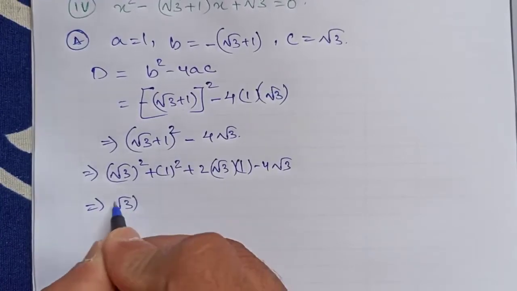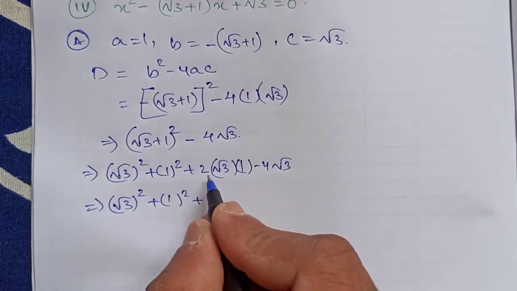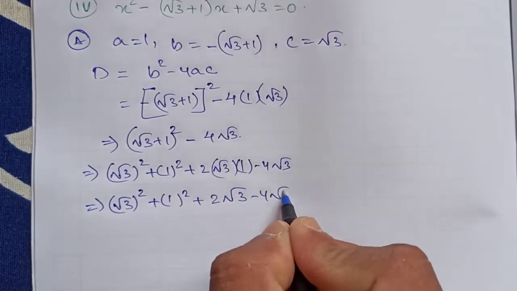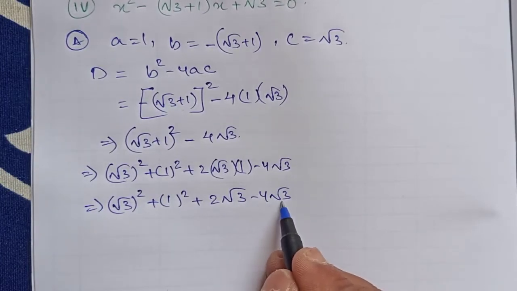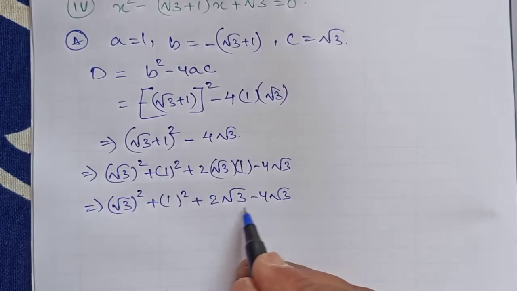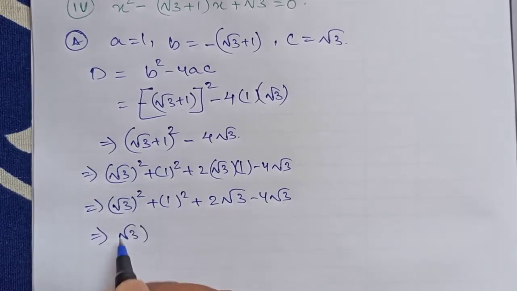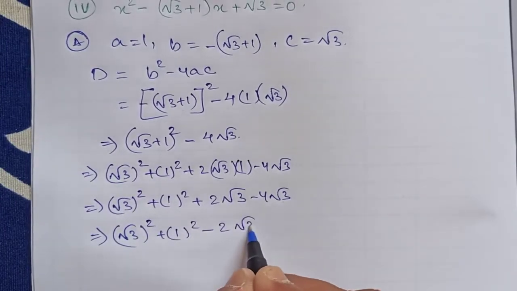This one you keep as it is, plus 1 square, plus 2 ones are 2, into √3 will be 2√3, minus 4√3. These two will be subtracted because both the square roots are the same, so 2 minus 4 is minus 2. We'll get (√3)² + 1² − 2√3.